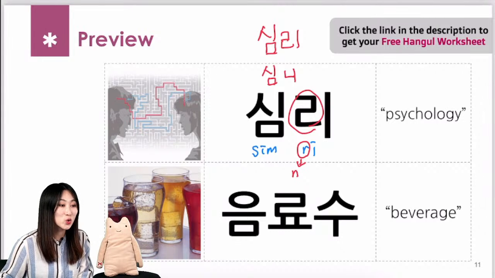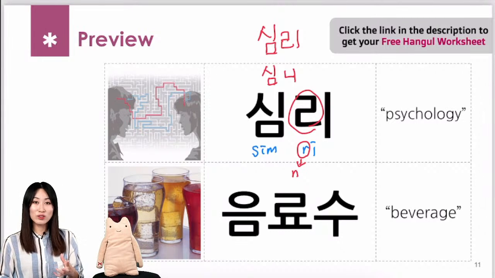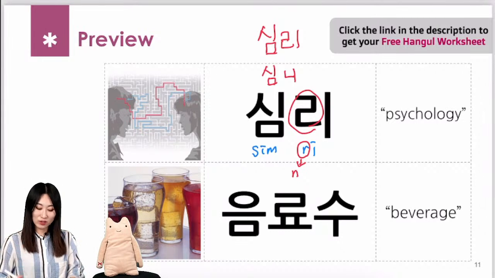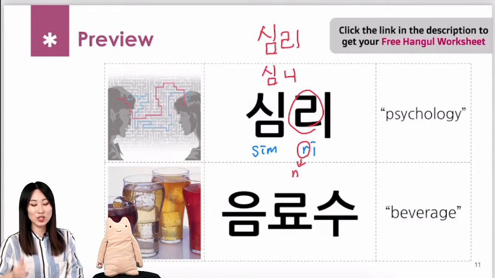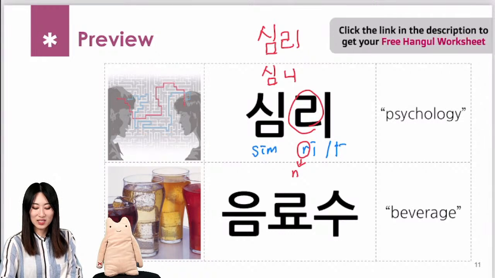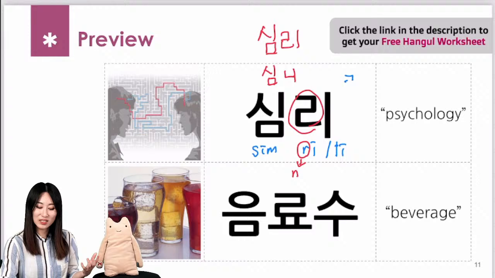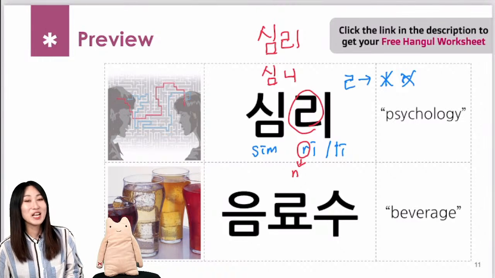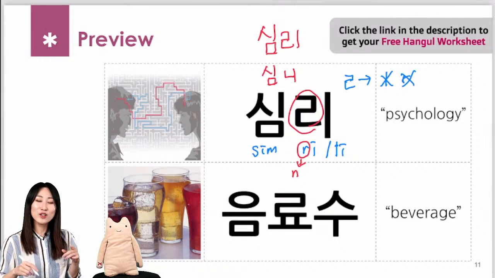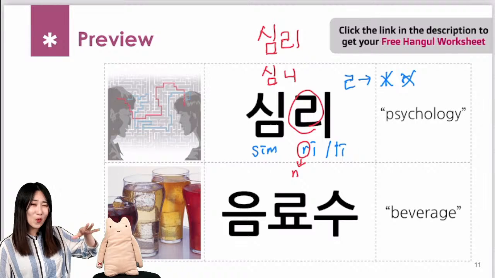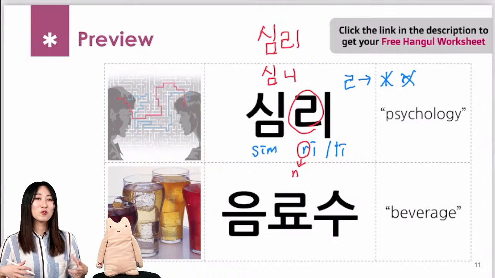And Soumya, good question. Actually, when you think about the Korean romanization, it's like 심리 or 심니. Actually, to Korean people, it doesn't matter because the Korean ㄹ is not L or R. None of them. But it's similar to both of them somewhat. And also, for romanization, we need to use the English alphabet.